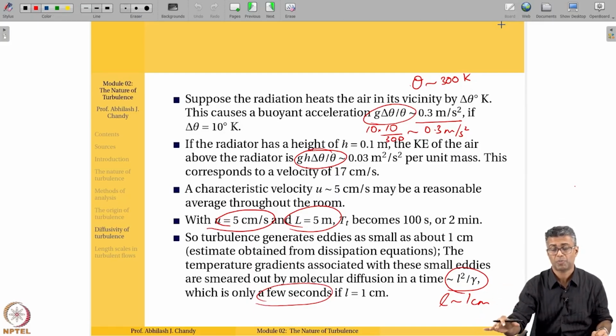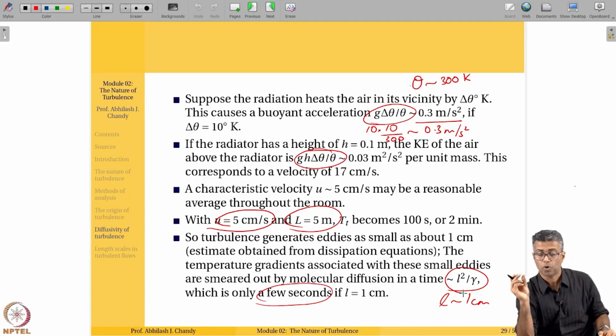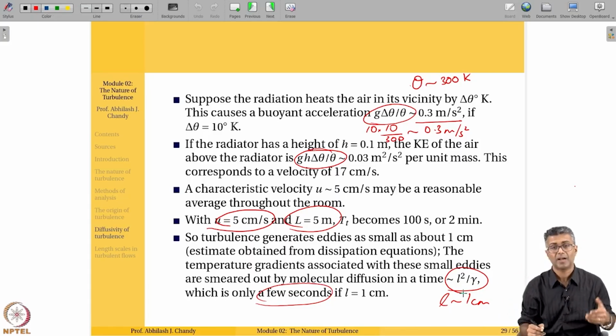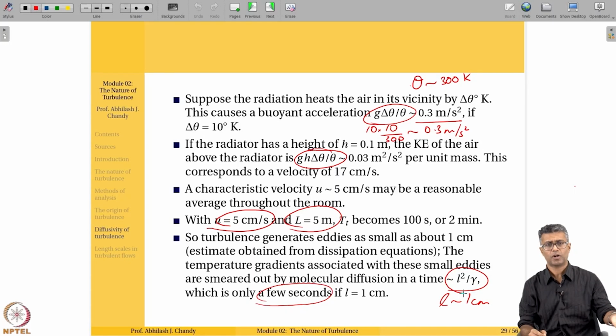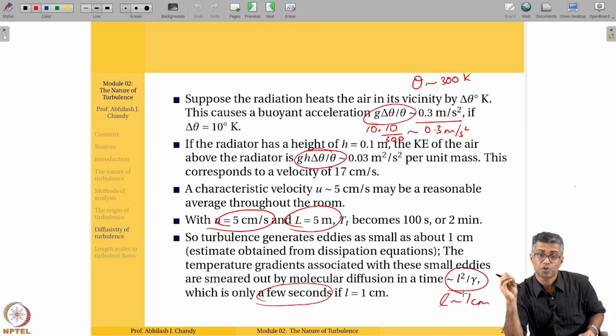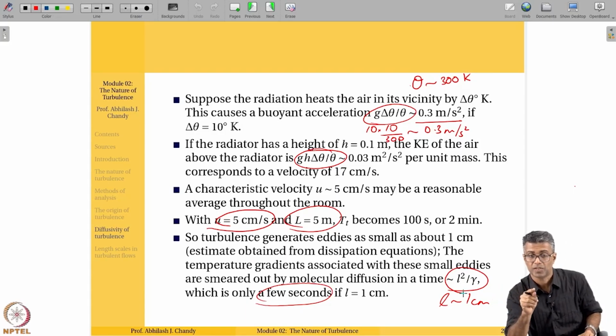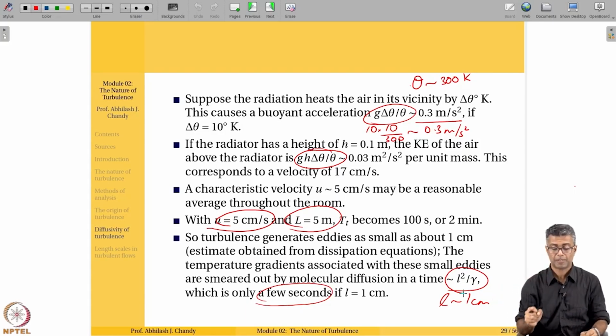Their viscosity does play a role, and the time scale for that is l squared over γ, with small l being 1 centimeter and γ being the standard value for air at standard temperature and pressure. That would be a few seconds. So at the small scales, it dissipates in a few seconds. And this point is important when we discuss a few topics in today's class.